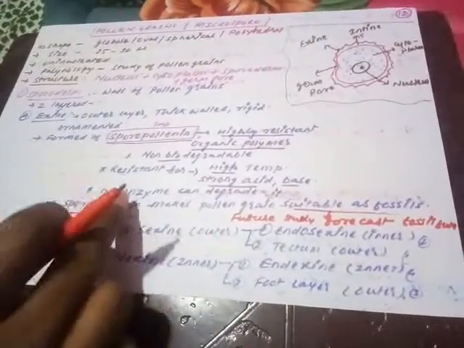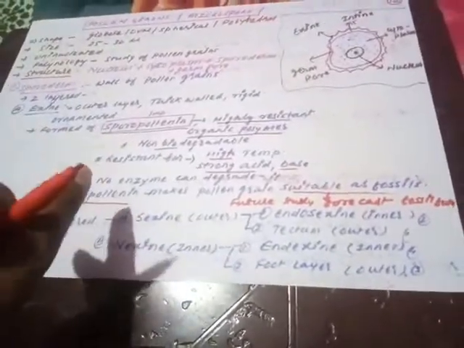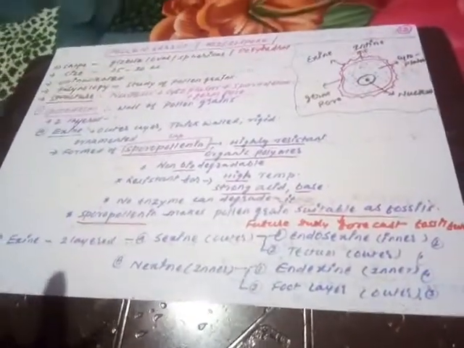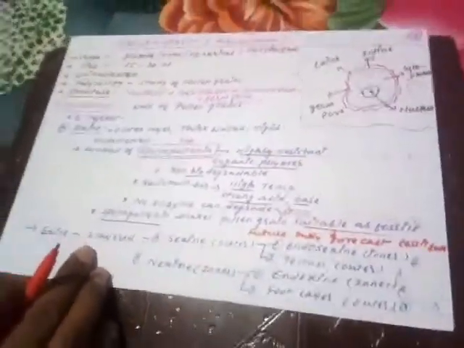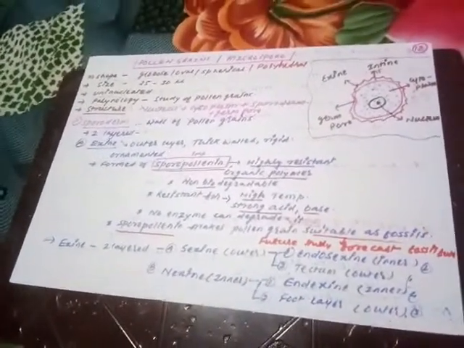The exine consists of a very strong polymer, sporopollenin, which is non-biodegradable, resistant to high temperature, strong acids and bases, and no enzyme can decompose it. That is why pollen grains are available in the form of fossils also. So this is very much clear to you all. Now I am going to put some more light on the exine.